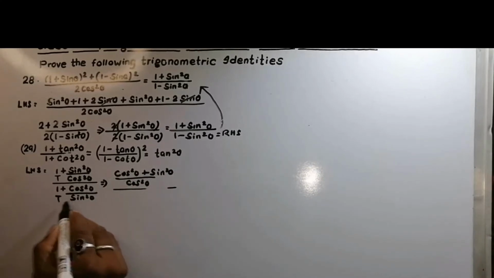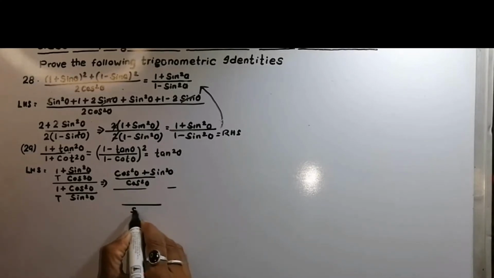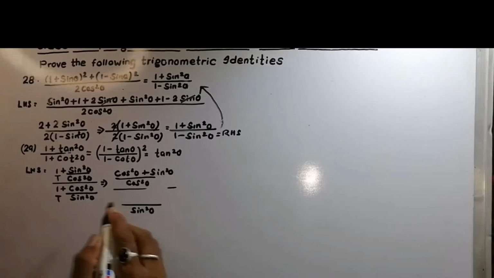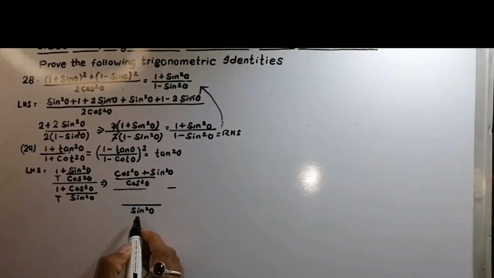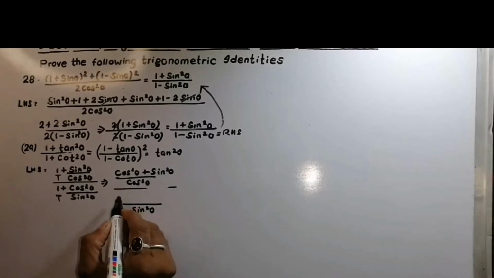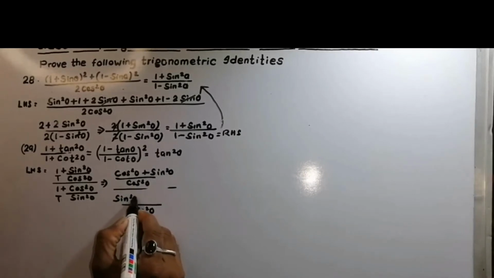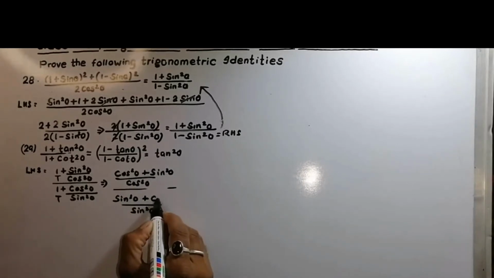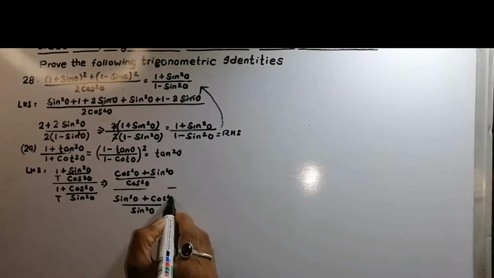And here if we take LCM, we get here sin square theta. 1 is divided by this, so it's multiplied, we get here sin square theta plus cos square theta.